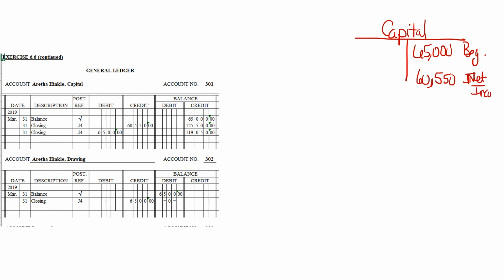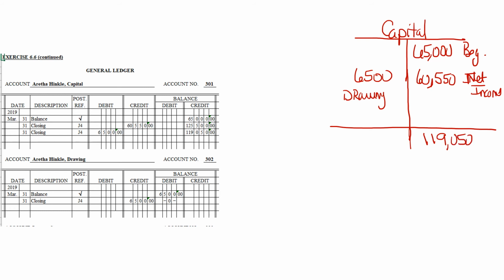I'm just going to label that as net income. And then the debit of $6,500, that represented the drawing. And if you recall, drawing reduces capital, net income would increase it. So at that point, you would then calculate an ending balance for capital, and you'd get 119,050. That would be the balance that would show up on, guess what, the balance sheet.